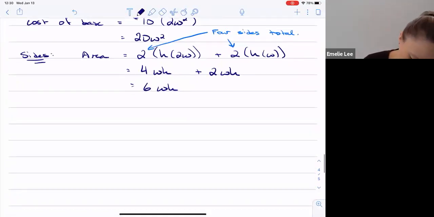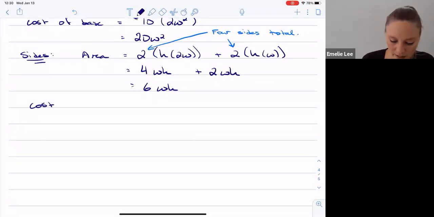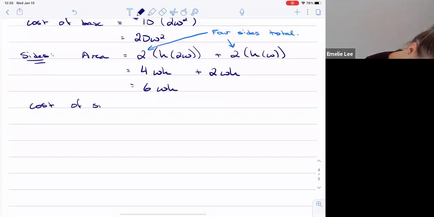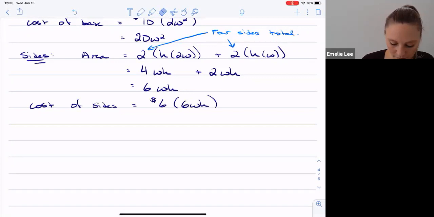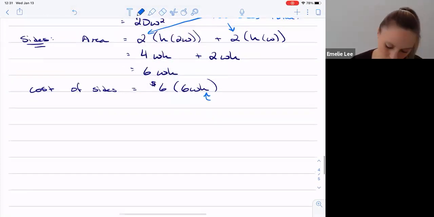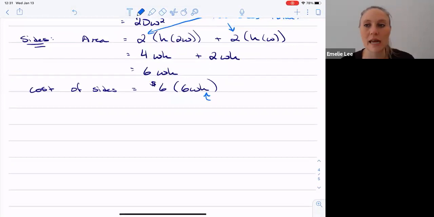Now the cost of the sides was $6 per square meter. Now the square meters here is 6wh. The cost of the sides is $6 times 6wh. One problem here, oops. We need this in terms of H, right?